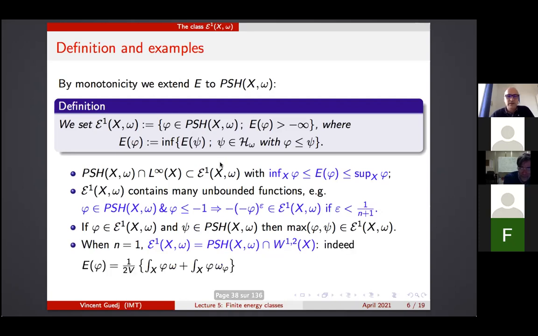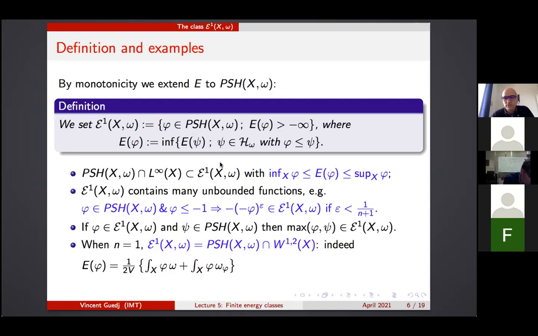Well, namely here, the E functional has two terms. So it's 1 divided by (n+1)V times these two integrals. The integral of phi omega, well, this one is always finite, because we explained last week that omega plurisubharmonic functions are in L1.